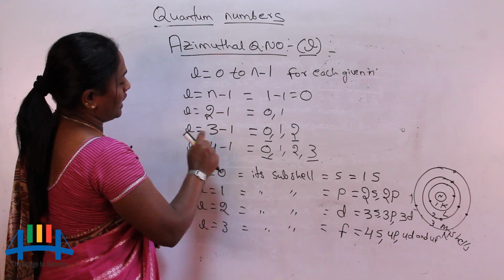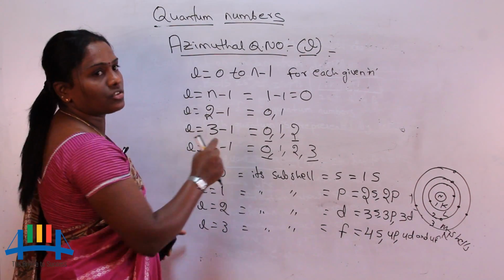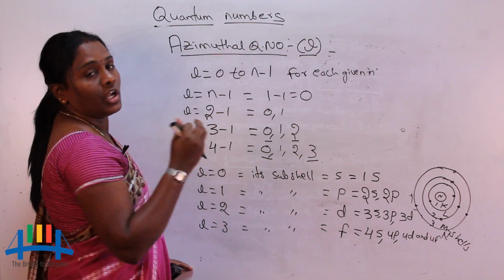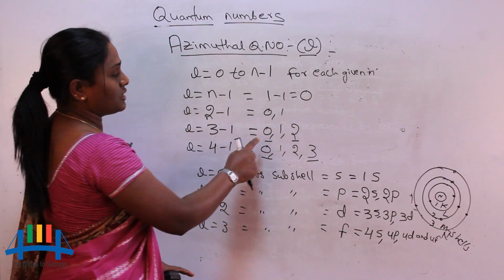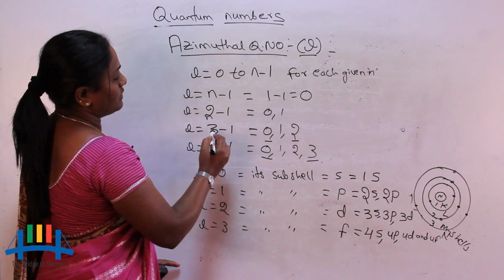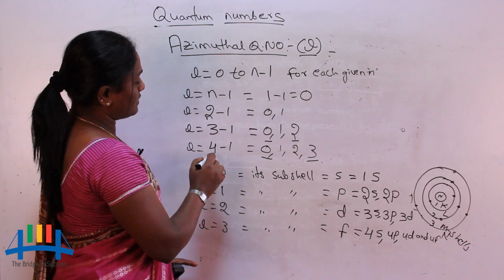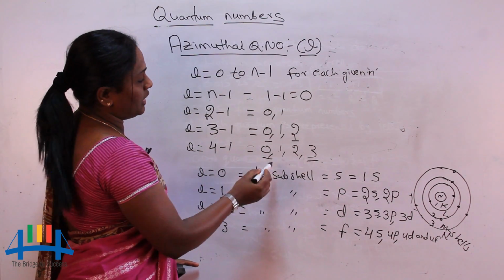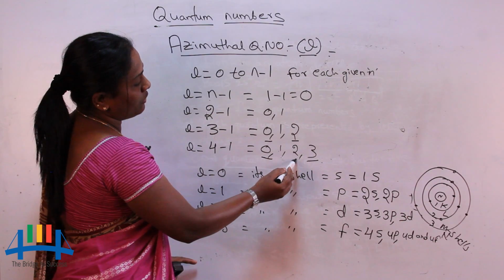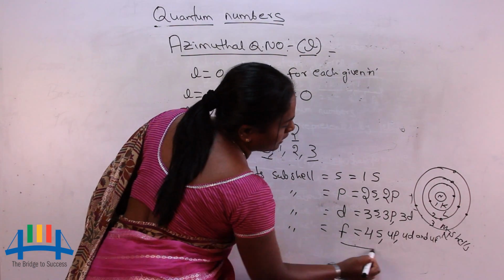Now if n value is 3, then 3 minus 1 is 2, maximum is 2 and minimum is 0. You will get three values, 0, 1, 2, that means 3s, 3p, 3d. And for the fourth shell, 4 minus 1 is 3, so I got four values, 4s, 4p, 4d and 4f.